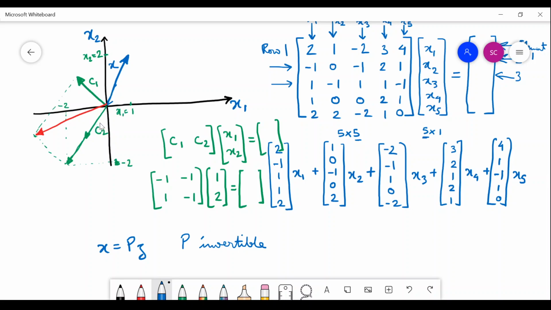They combinedly will give me this vector z, which corresponds to this vector x. This much at least you should understand, that this vector z in the z1 z2 axis corresponds to this vector x in the x1 x2 axis, because they are related through the similarity transformation. I am considering the matrix to be full rank, the matrix to be invertible.